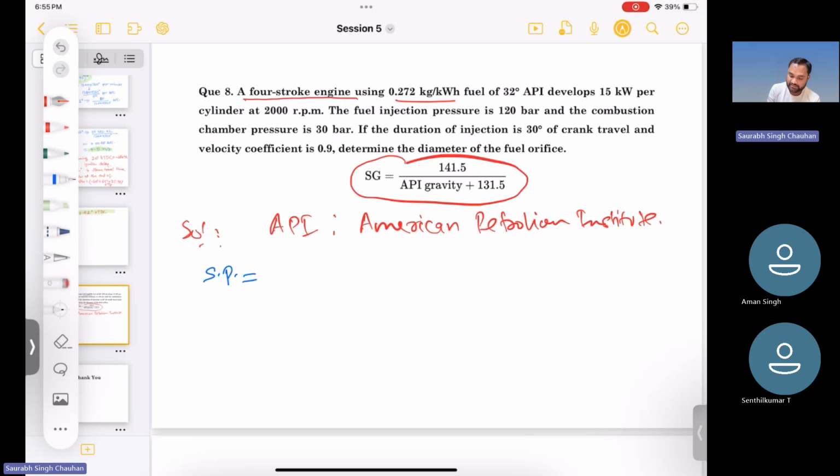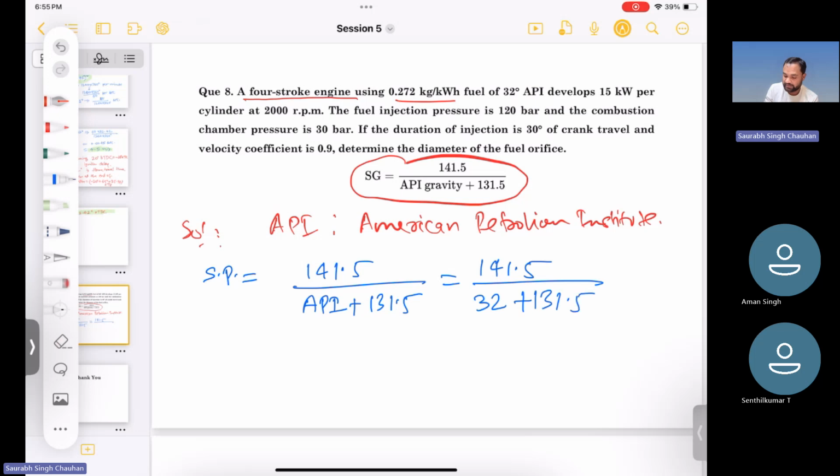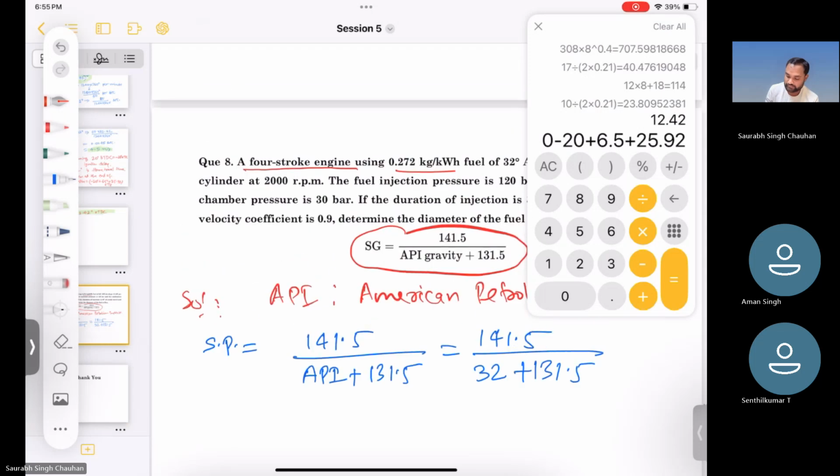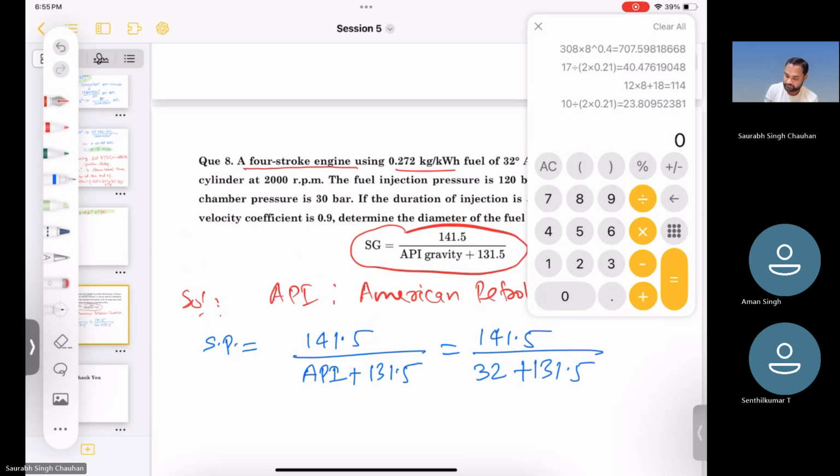Specific gravity is given by 141.5 divided by API plus 131.5. In our question, API is 32 degrees, so we can find the specific gravity: 141.5 divided by 32 plus 131.5.